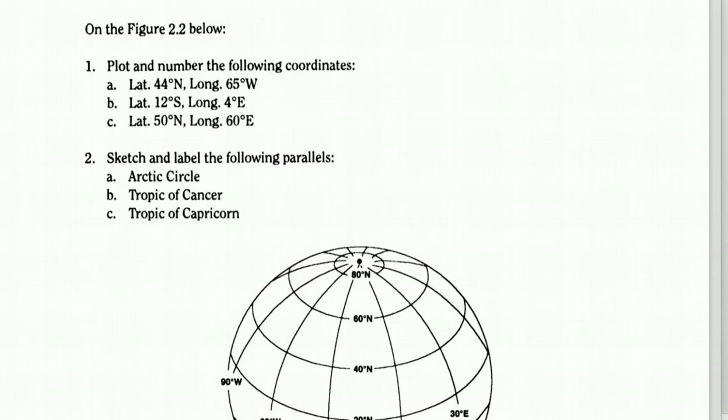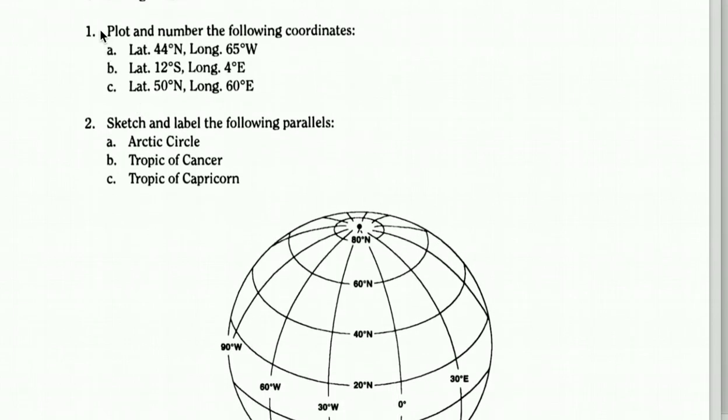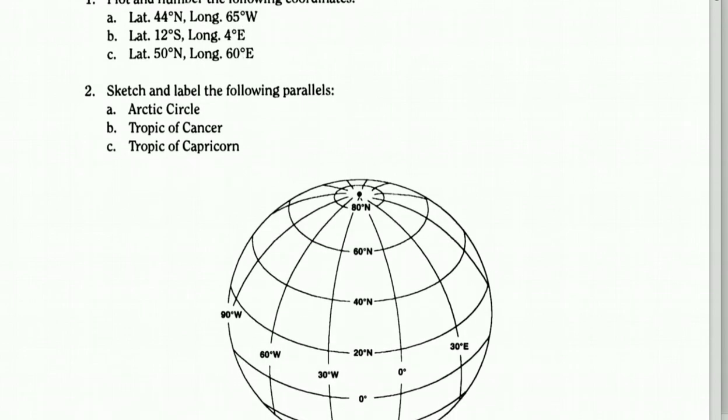And like I said, this is pretty easy on this first one. For example, it says number 1, plot and number the following coordinates. Latitude is 44 degrees north and longitude is 65 degrees west. I'm not able to draw on this, so you can follow my arrow. Start with latitude, 44 degrees north.